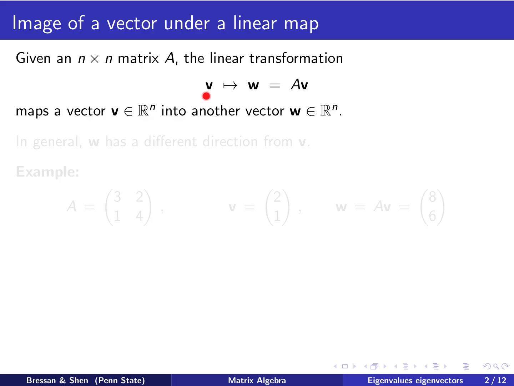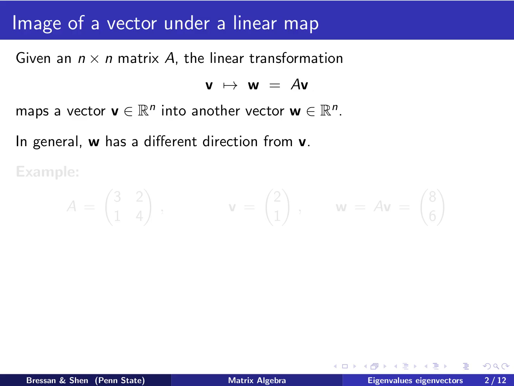Therefore, V will be a vector in Rn, and W is also a vector in Rn. We are interested in the image of this linear transformation, in particular how it takes one vector V and transforms it into W.